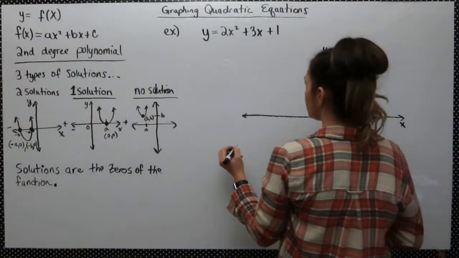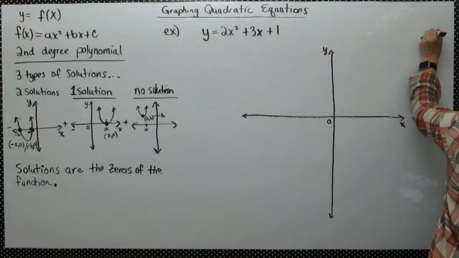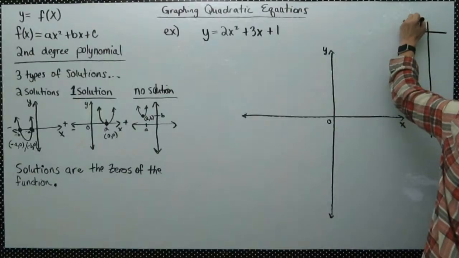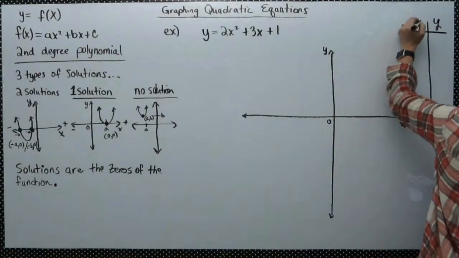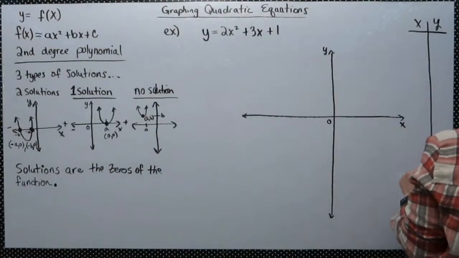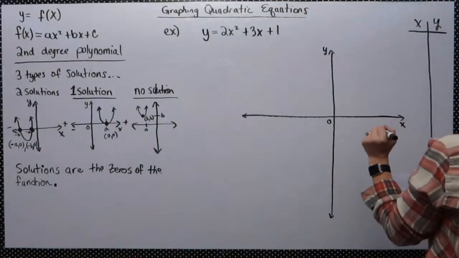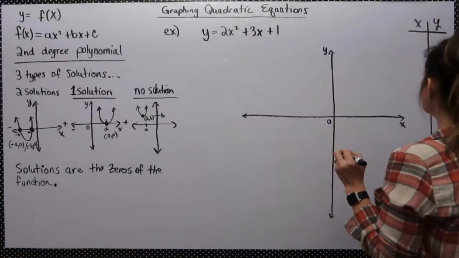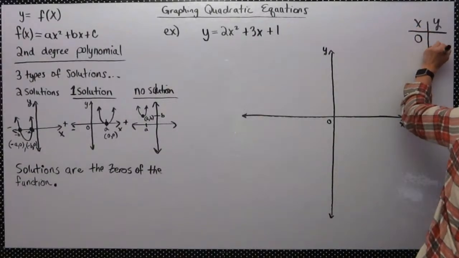So I'm going to build my table, and we'll put it over here off to the side. Build my table, get my values in my domain that I want to check. The very first thing I want to do is find out what my x and y intercepts are.